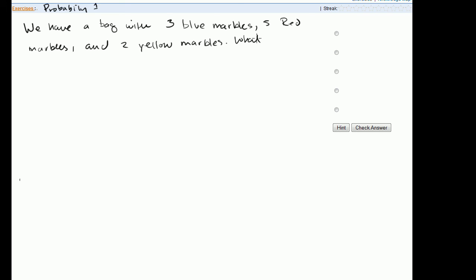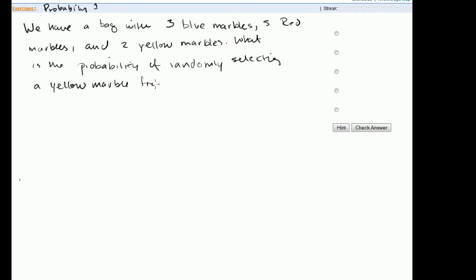What is the probability of randomly selecting, and you could pick one, a yellow marble from the bag?